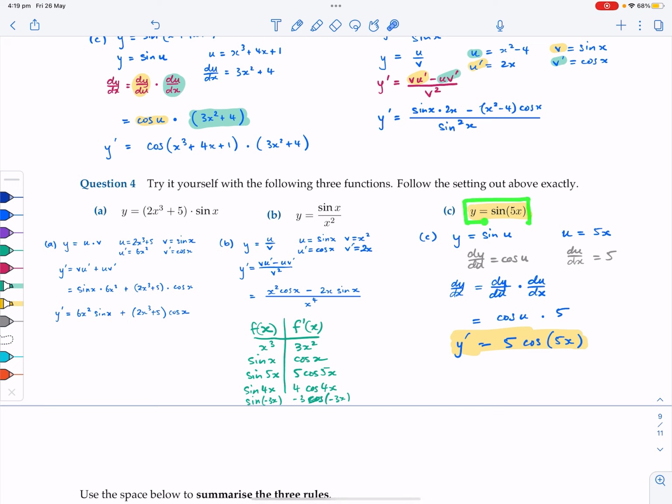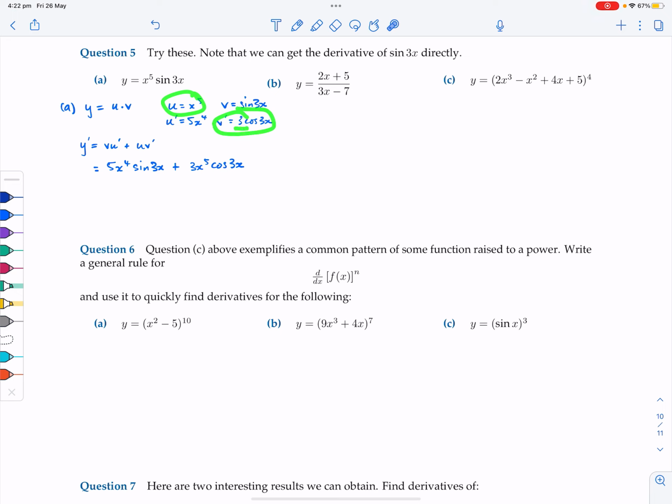So then y dash is vu dash plus uv dash. I'm just going to put them in the order that makes sense. So 5x to the 4 sine 3x plus, and then uv dash, so 3x to the 5 cos 3x. Okay, so I looked at that, and I've put the 3x to the 5 cos 3x. Right, so notice from there to there, I just got that derivative nice and quickly.